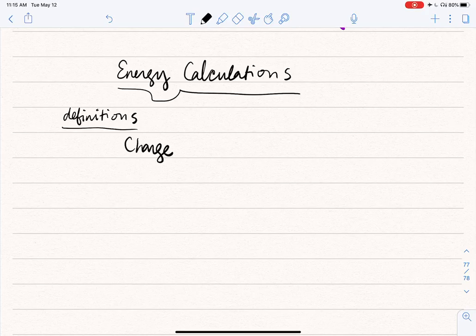So these definitions I want to start with are defining what charge is. You can think about charge as the amount of electrons. And the way that we can interconvert between the amount of electrons and charge is using the Faraday constant that I introduced in a previous lecture.